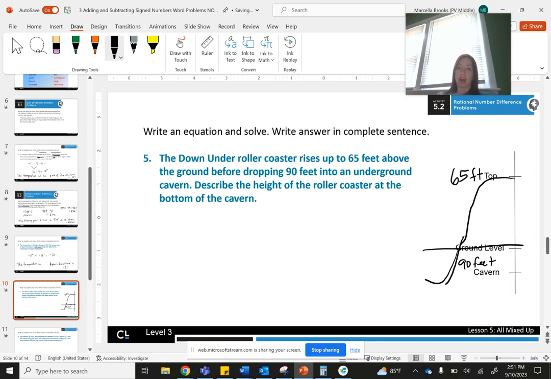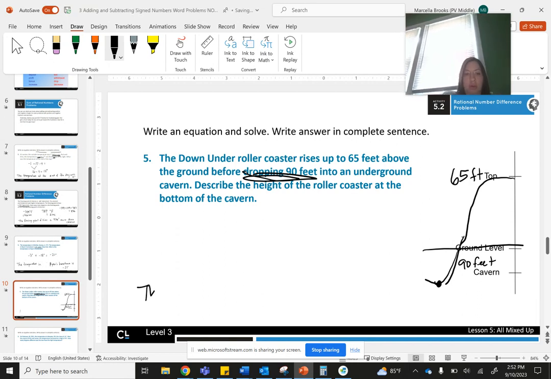So describe the height of the roller coaster at the bottom of the cavern. So right here, where are we at? We're at negative 90 feet, right? Because we're below, if we're dropping 90 feet, we're below ground. So we really don't need to write an equation because it just wants us to describe the height of the roller coaster.